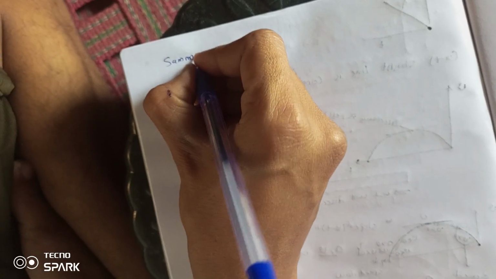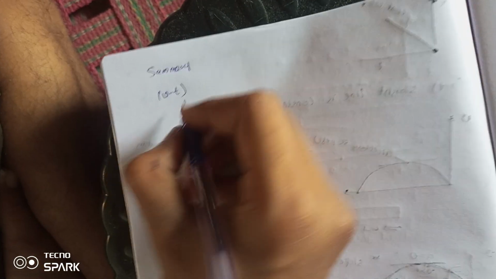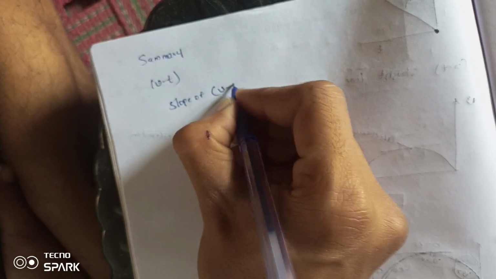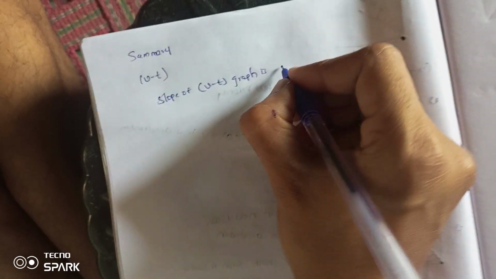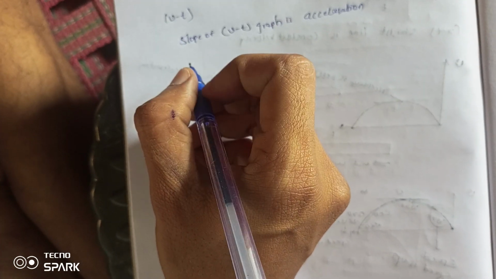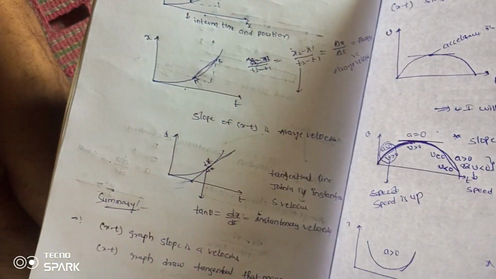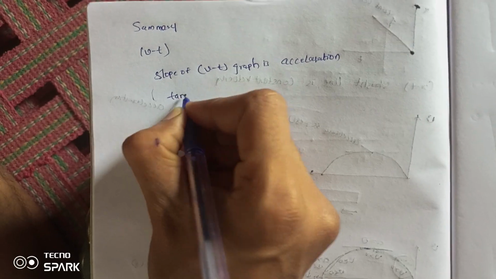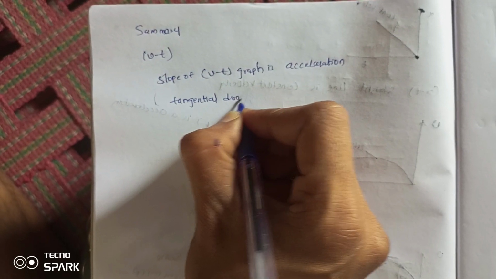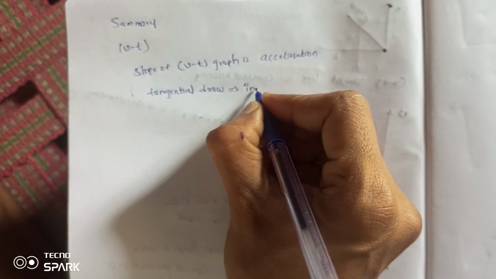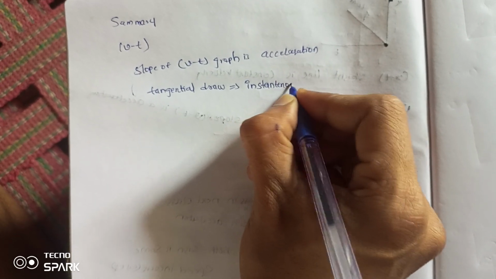And next, we wrote the summary for the xt graph earlier, now I will write the summary for the vt graph. The slope of the VT graph is the acceleration. Next, understand that average acceleration is found tangentially, that means instantaneous acceleration.